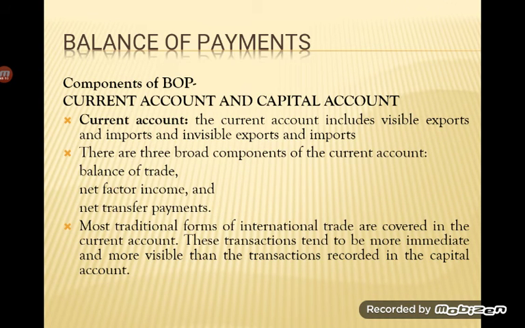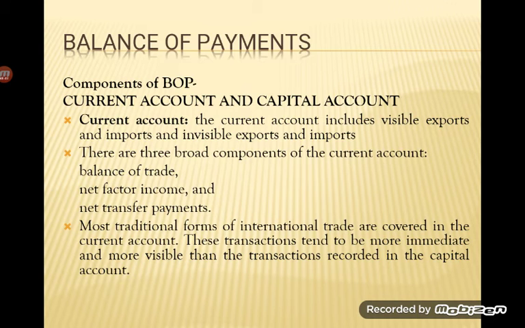So there are two important components of balance of payment: current account and capital account. Current account includes visible exports and imports and invisible items like receipts and payments for various services like banking, insurance, transportation, tourism, travel, etc. As we know, in India after globalization there is a drastic improvement in the tertiary sector.